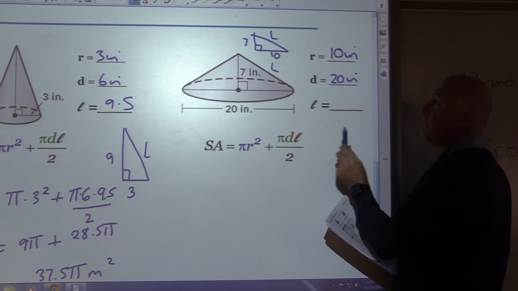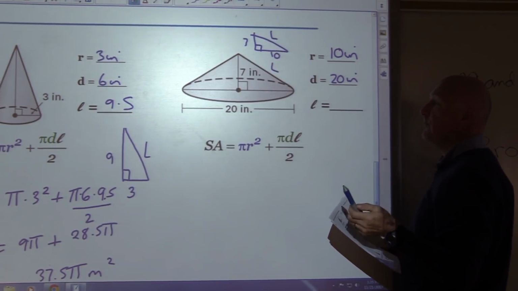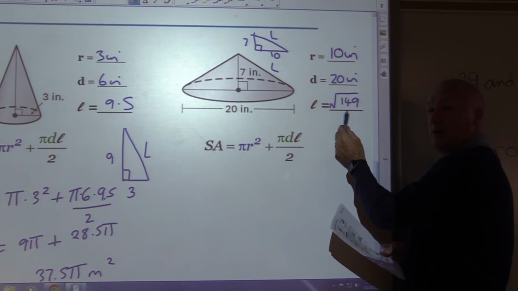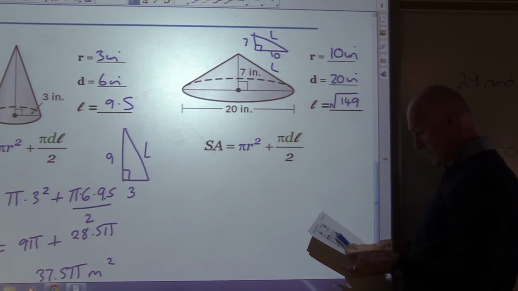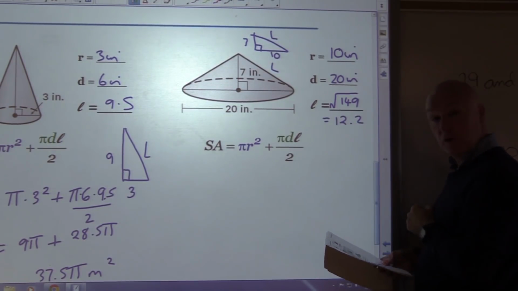So it's the square root of 10 squared plus 7 squared, which is 149. So really L is the square root of 149. Well, we know that's going to be over 12 and less than 13. And hopefully on your calculators you find it's 12.2.